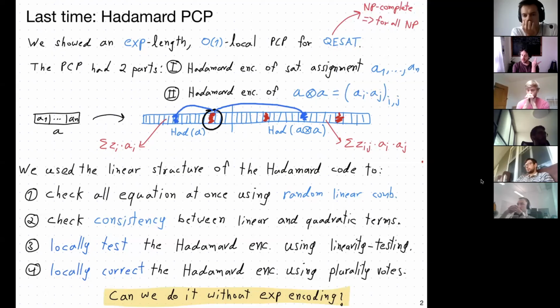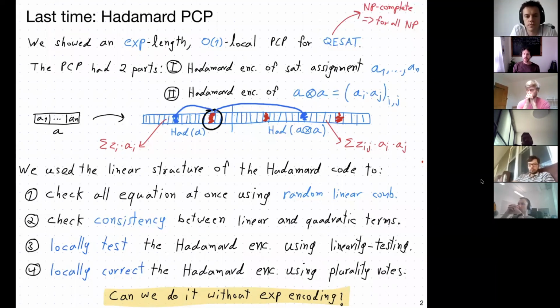So it would be extremely interesting to get it with polynomial lengths. Also, these kinds of things are actually implemented in practice, and we care about making them linear and as tiny as possible. If you have an exponential encoding, this renders essentially all reasonable applications completely intractable. So that's the goal today.